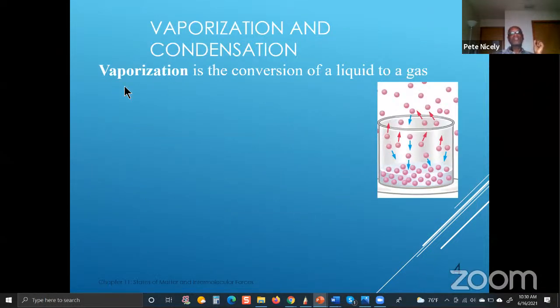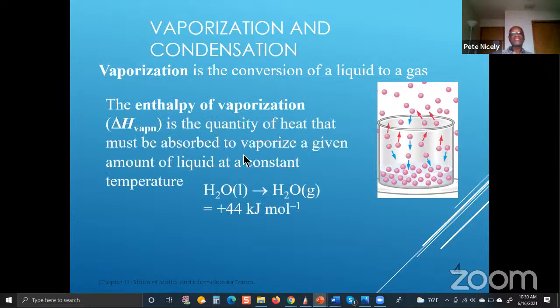Okay, so let's talk about this term, vaporization. What is vaporization? Vaporization, of course, is the conversion of a liquid to a gas, right? So we're talking about the molecules escaping the liquid state and moving into the gaseous state. And as you can imagine, that requires energy. And in fact, we have what is known as the enthalpy of vaporization, delta H vap, which is the amount of heat that must be absorbed to vaporize a given amount of liquid at a constant temperature.